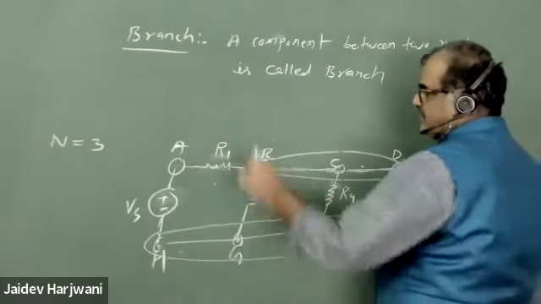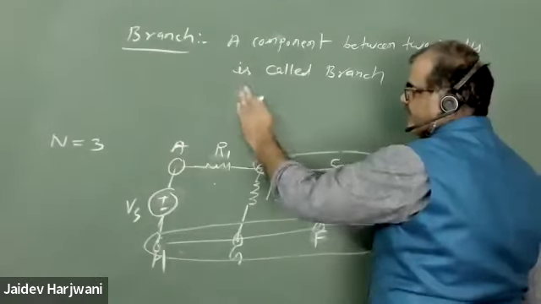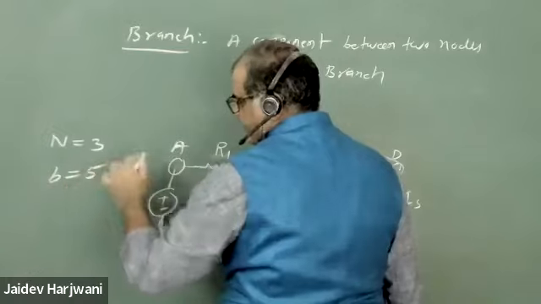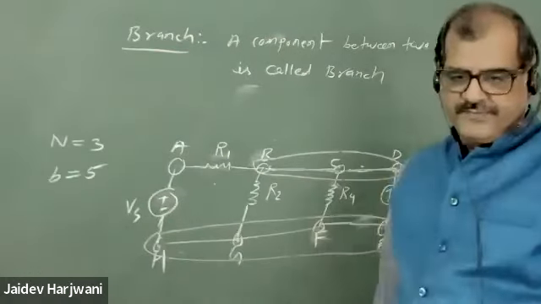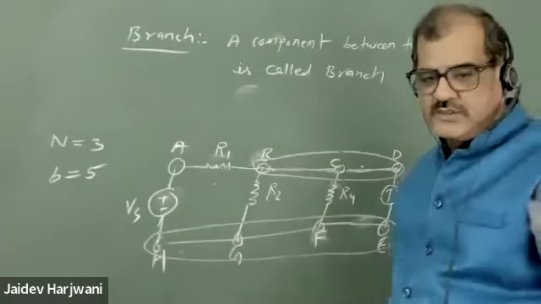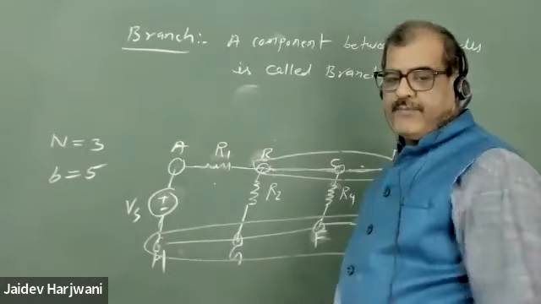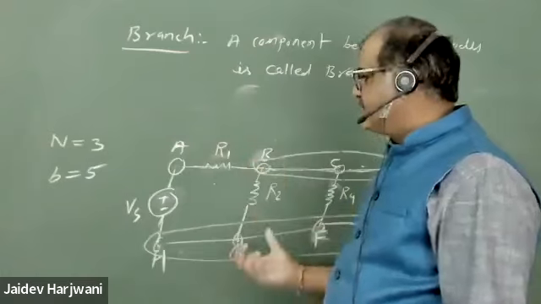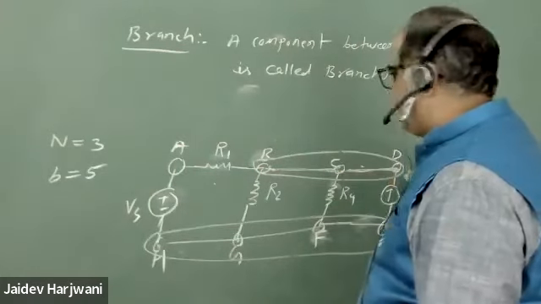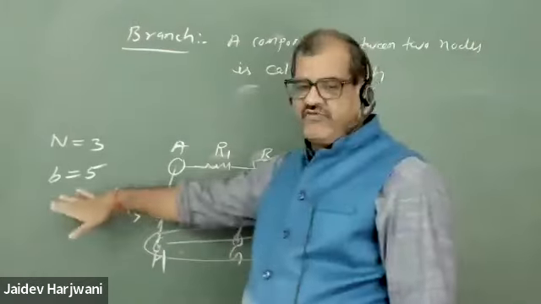The number of branches is 5 in the circuit, so I can write B equals 5. Branch means any path or any component between two different nodes. This is your first branch, second, third, fourth, fifth branch. So I have a total of 5 branches.